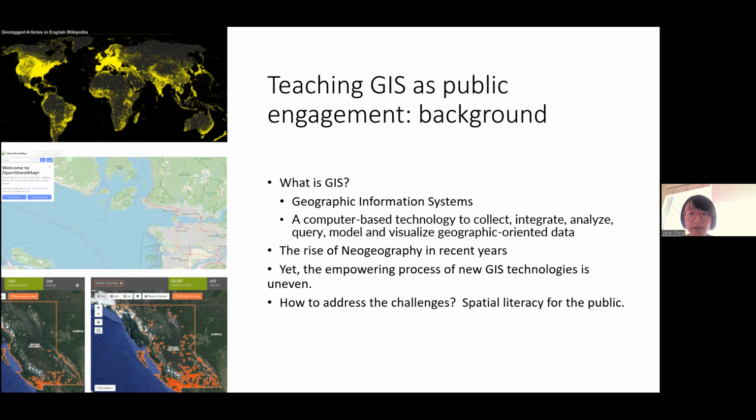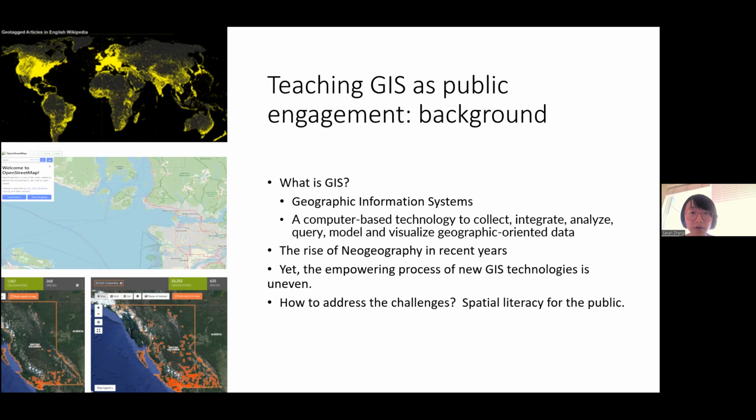And more interestingly, alongside the plethora of spatial data and apps, a phenomenon named neo-geography arose. It means creating maps, collecting spatial data are no longer restricted to privileged researchers and professionals.